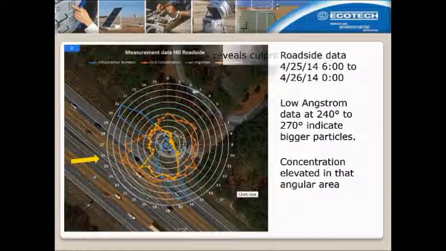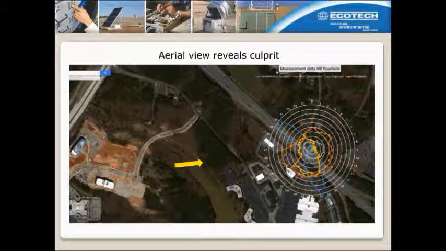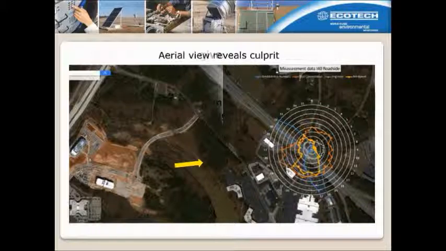When you zoom in a little bit more, all of a sudden you see, look, there is some construction work going on, and that construction work is most likely the culprit of your bigger particles, which had been transported toward the site. That effect was during daytime, so most likely some trucks had been on the road, and the angstrom exponent helps you to really say that bigger particles came from that area.